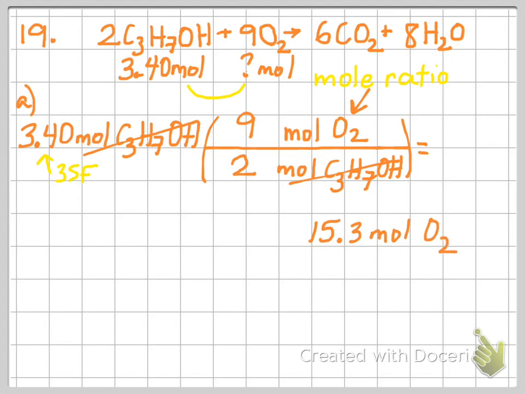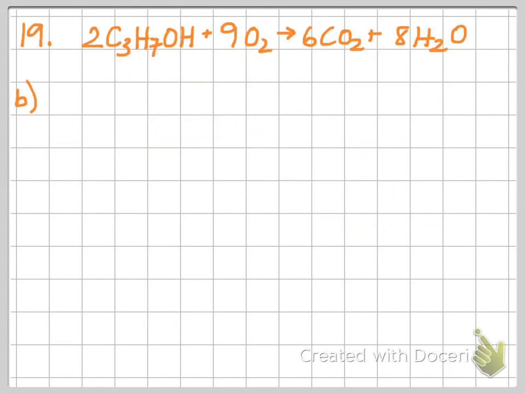So to react with all 3.40 moles of isopropyl alcohol, I'm going to need 15.3 moles of oxygen.